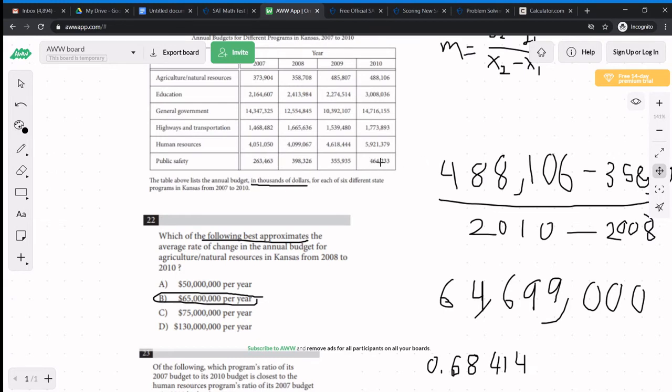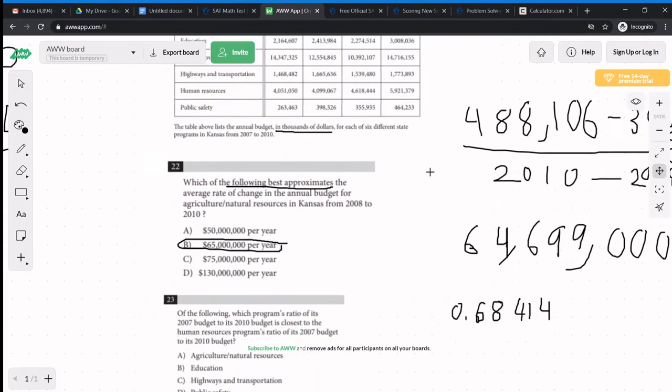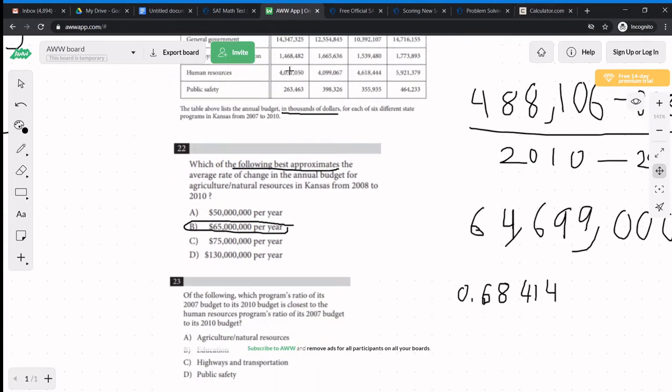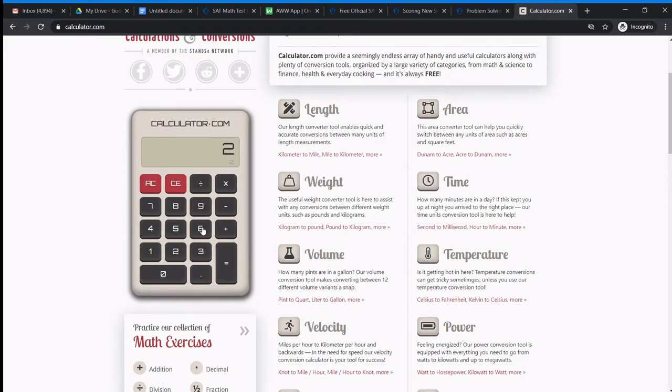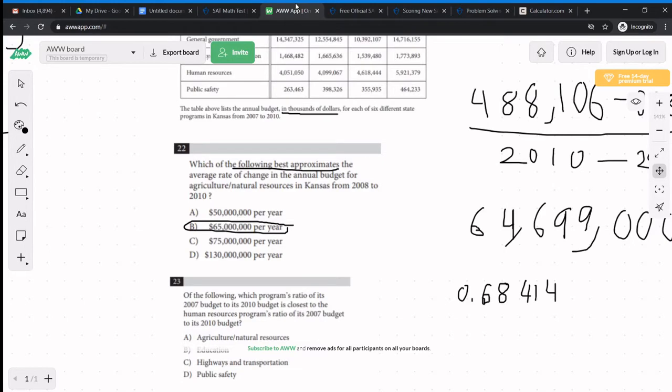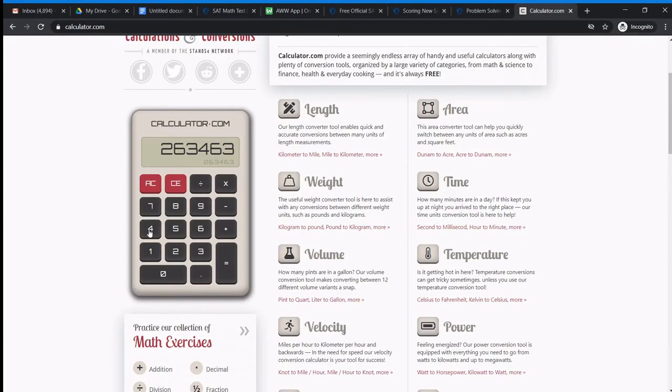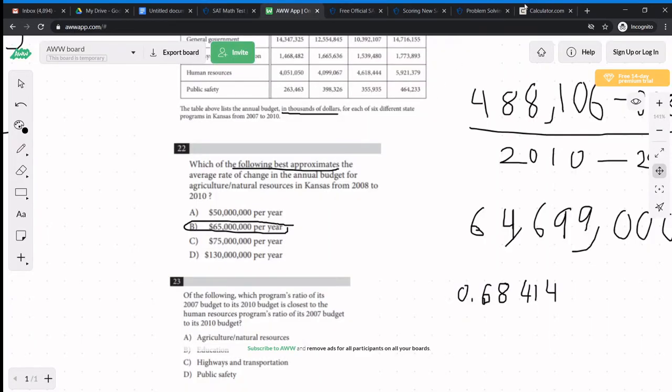This one right here. So let's see exactly how much it is. 263,463 divided by 464,23. Say 233, yeah.